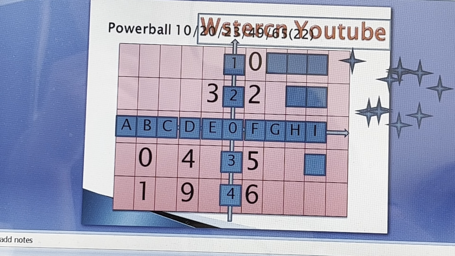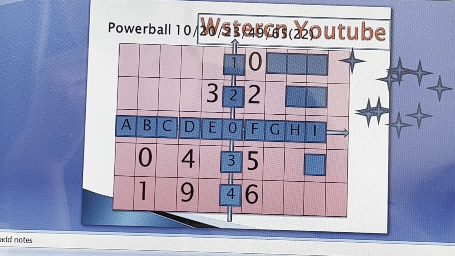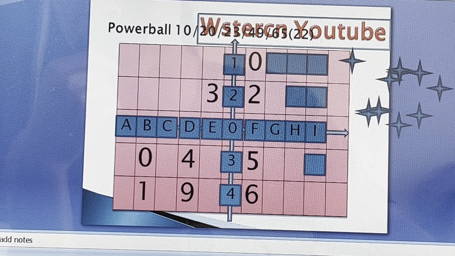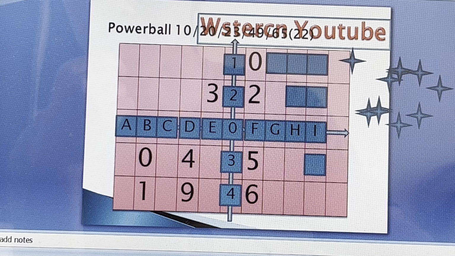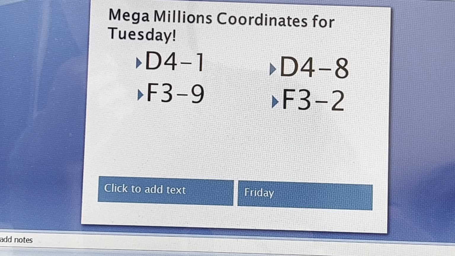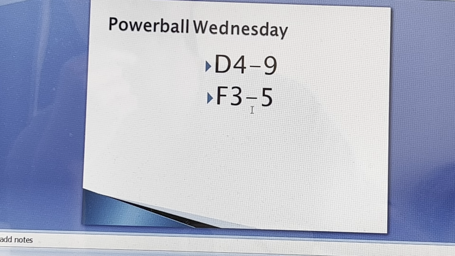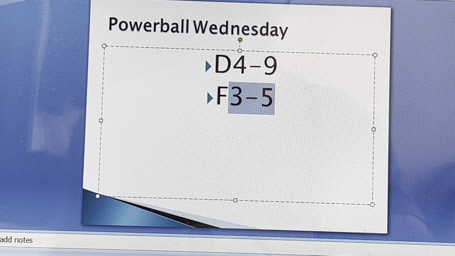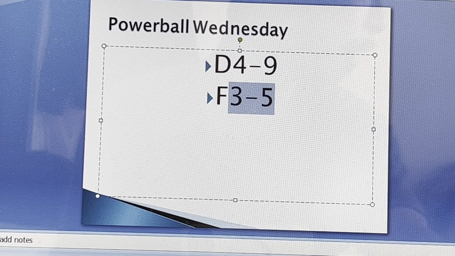So let's go to F4 and F3. Here is your 5, and F4 will be your 6.